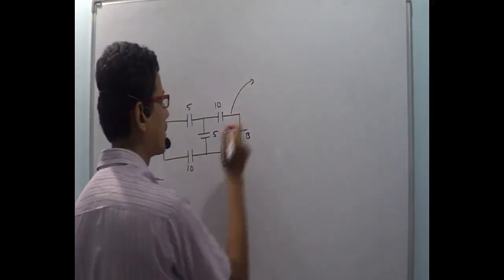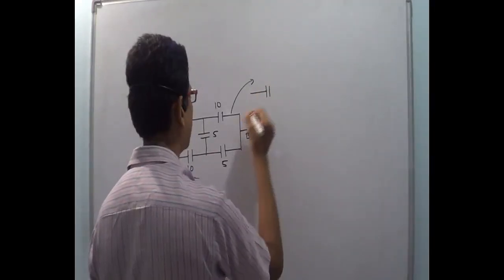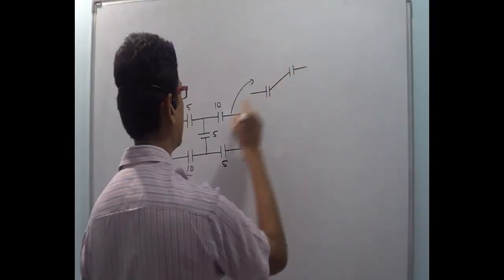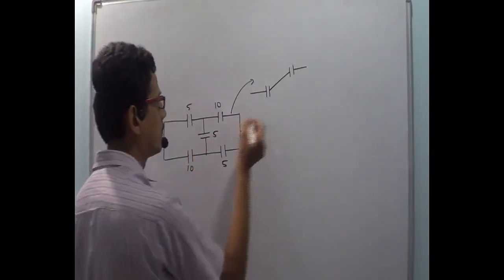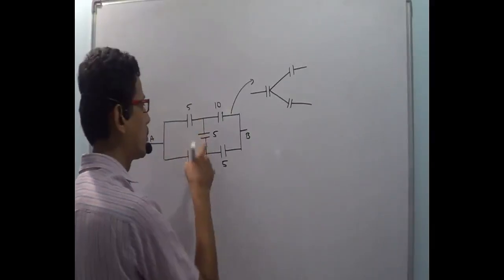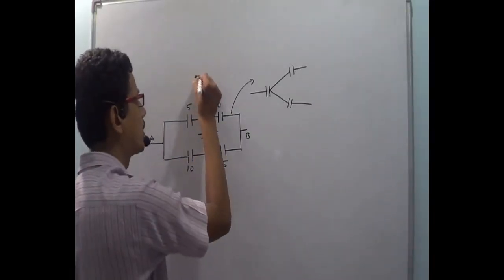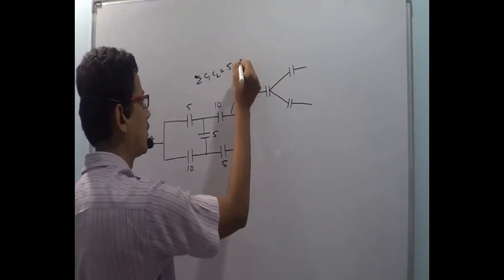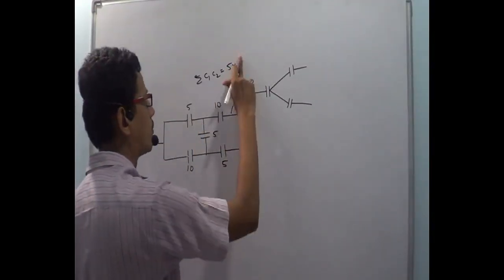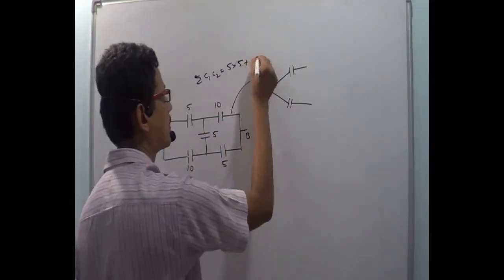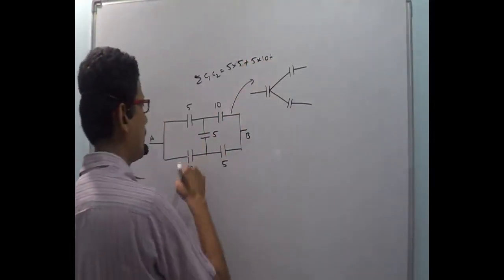Instead of these two capacitors I will take one capacitor, and instead of these two I will take one. I will convert this delta into star. First tell me sigma C1C2. Sigma C1C2 is 5 into 10, 5 into 5, that is 5 into 5 plus 5 into 10 plus 5 into 10.